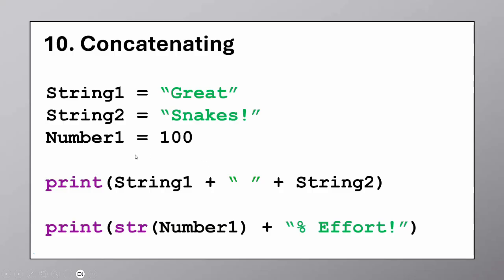If I want to print the string and a second string, I can do that with the plus operator. And I can even have a new string with an empty space so I can space out "great snakes." And if I want to concatenate something that's not a string with a string, I need to turn that into a string. So I might use the str function on my number. So pretty straightforward.